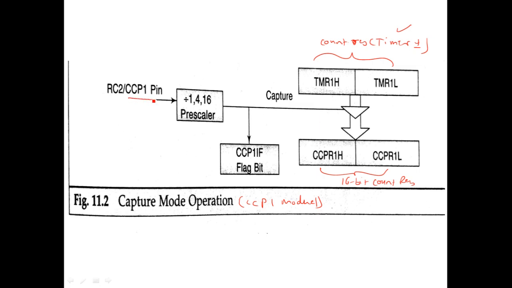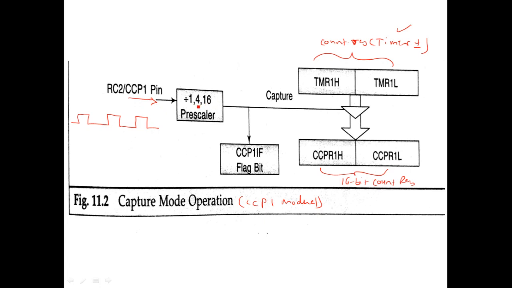CCP1 is the function of the pin, which is the alternate function on port C pin RC2. So when you are using this module, this pin will act as an input pin. Here you may supply some pulses, a train of pulses, or maybe a TTL waveform like this.